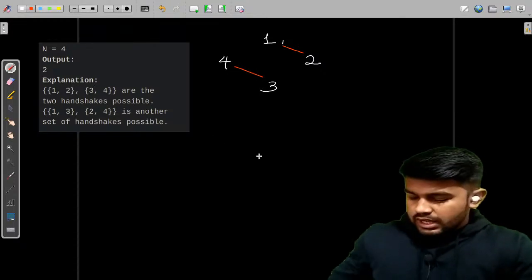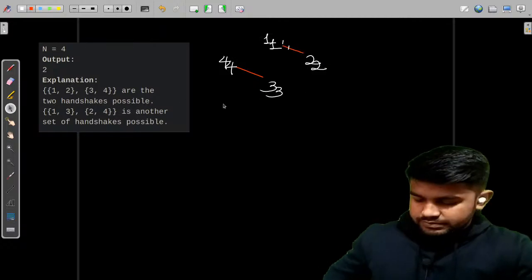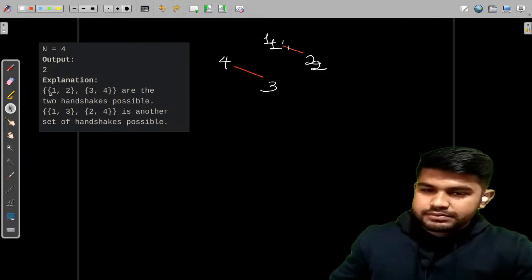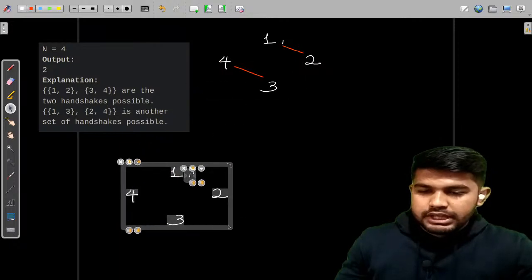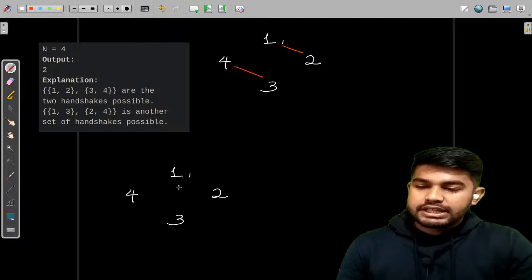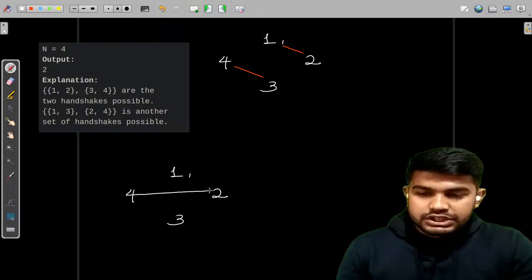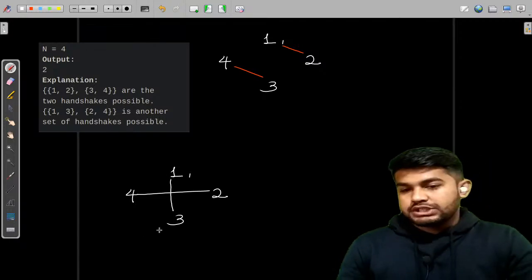Now let us take one more test case so we can differentiate. Suppose 2 and 4 are doing a handshake with each other, and 1 and 3 are doing a handshake.